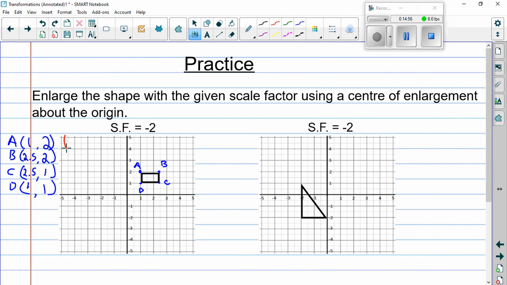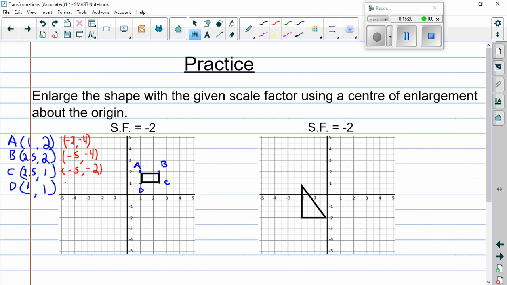I'm just going to write what they are beside in red, and then plot in red. So -2 and -4. Here we have -5 and -4. Here we have -5 and -2.